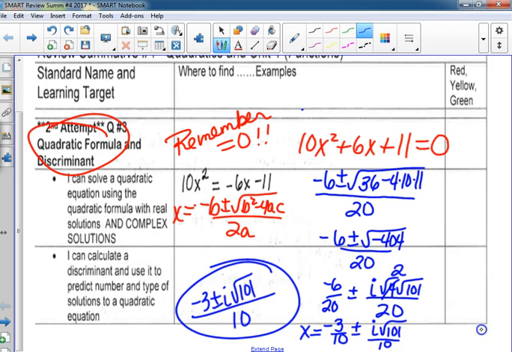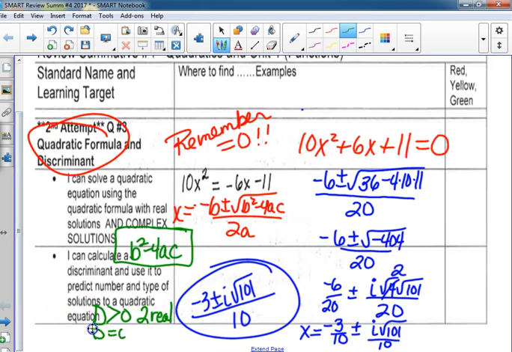Do you remember discriminant? Do we need to talk about discriminant? Okay. Discriminant is just b squared minus 4ac. It's just the inside. And what are the rules? If that discriminant is greater than 0, there's 2 real.